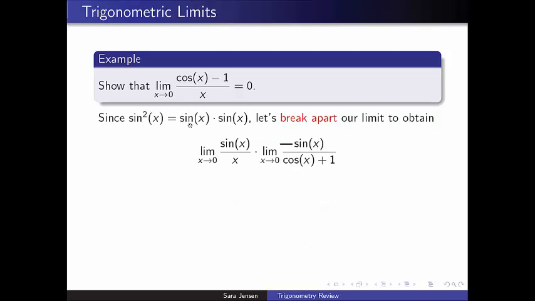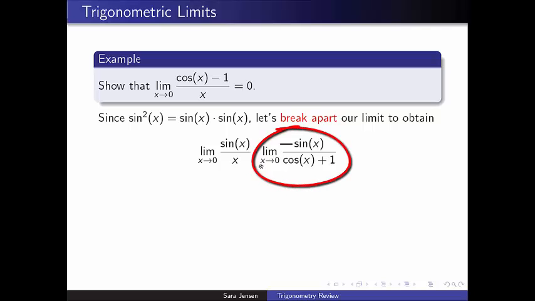Where this becomes helpful is we can take that negative sine squared of x and break it up as sine of x times negative sine of x. And then we can break up our fraction until we have a sine of x over x limit as x approaches 0, where this is useful because we just figured out what this limit ought to be.